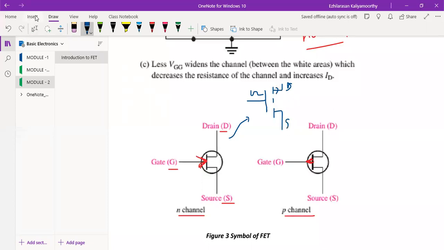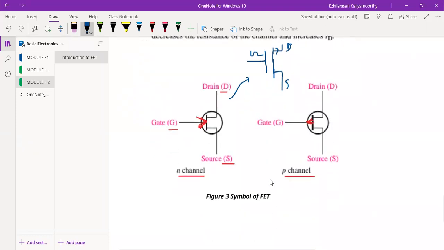I should not show the gap here. Same even here also. So these are the symbols for P type and N type. This is for N type, and this is for P type.